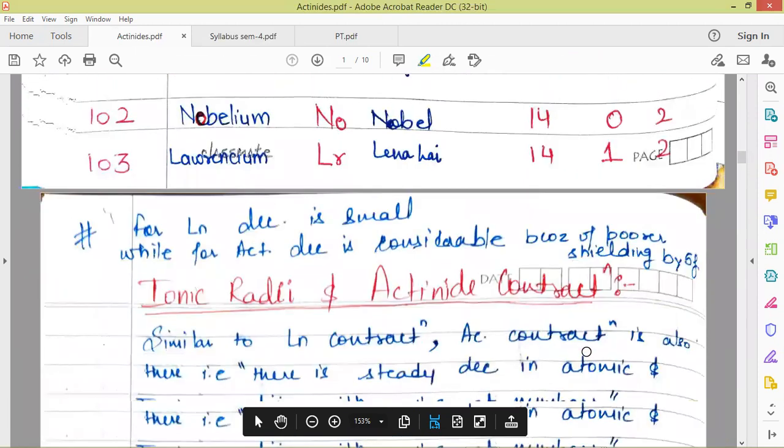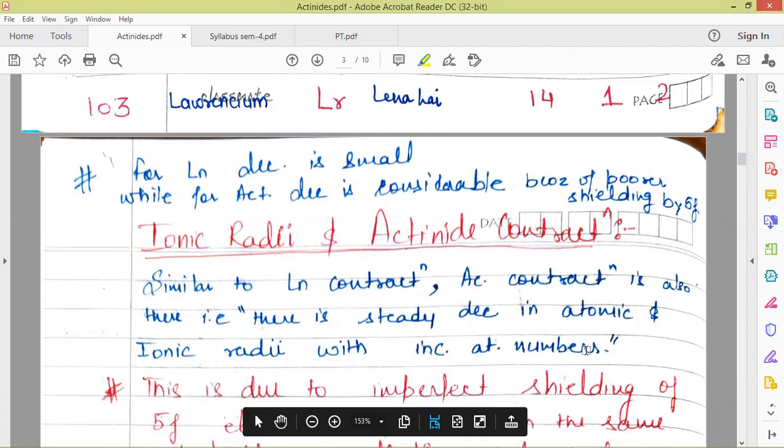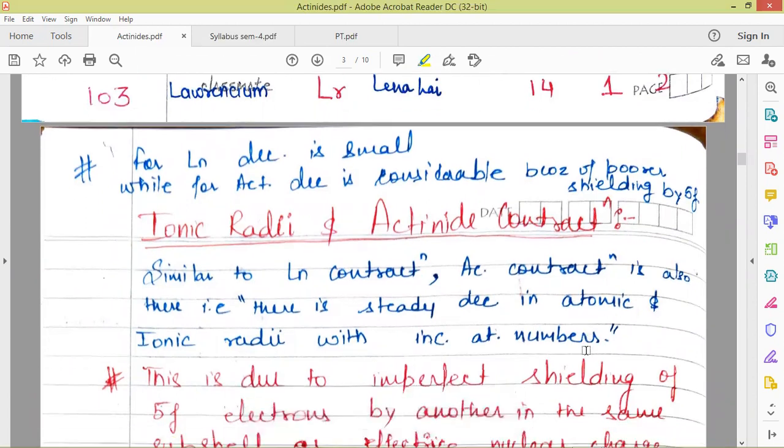So the next point which we are going to discuss is ionic radii and actinide contraction. Just like lanthanide contraction, actinide contraction is also there because the properties are almost the same. But for lanthanides, the decrease was small. As we compared, that decrease is gradual and small, while for actinides, a considerable decrease is there because of the poorer shielding of the 5f subshell.